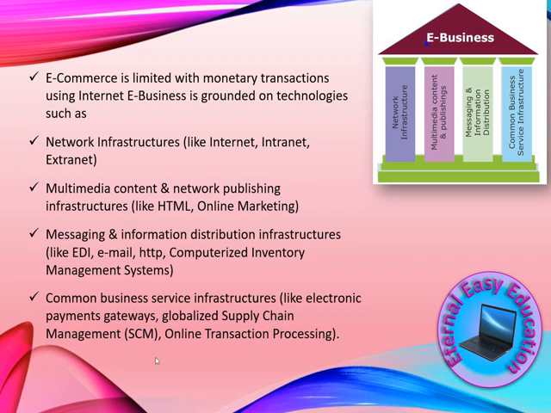Globalized supply chain management, SCM. Online transaction processing. So all the four technologies together form an e-business. In that e-business, e-commerce is related with the monetary transactions through the internet.